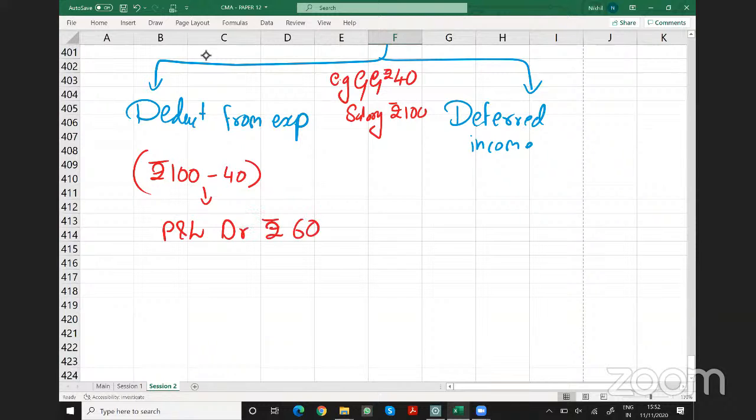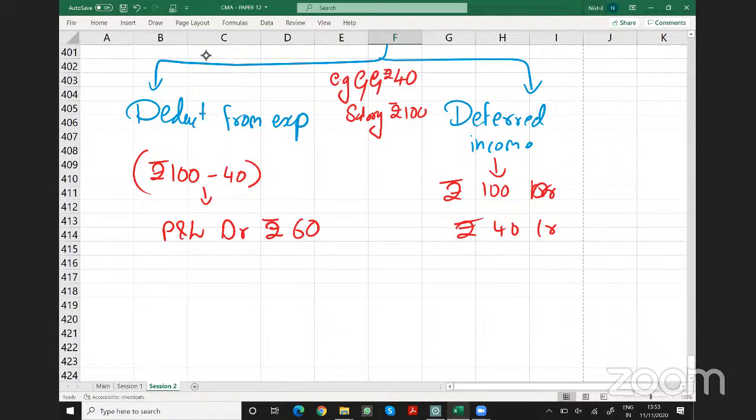In the second case, we will debit profit and loss account with 100 and credit profit and loss account with 40 rupees. Or we can say that, Nikhil, if you will employ local persons, we will pay you 100 rupees for 3 years. So 100, 100, 100. Or Nikhil, we have paid you 300 rupees, but it is for 3 years.